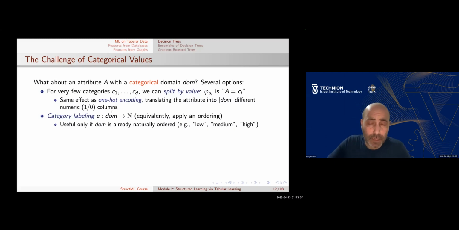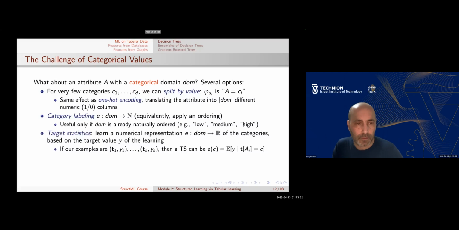If your categories are naturally ordered, like low, medium, high, then we can treat them as numbers, because semantically we can say, okay, what is a cutoff and what is less than that, higher than that, and so on. There are some ways of taking categorical values that are not naturally ordered and associating numerical values with these categories based on the training examples.